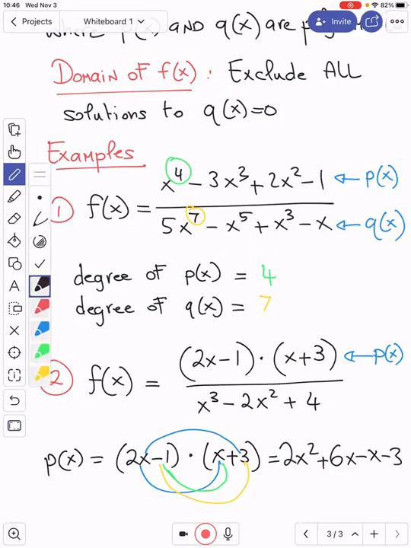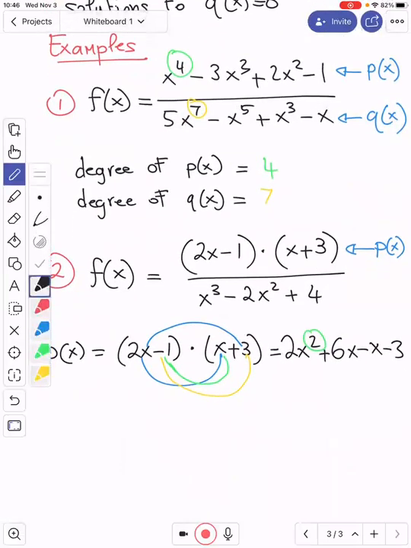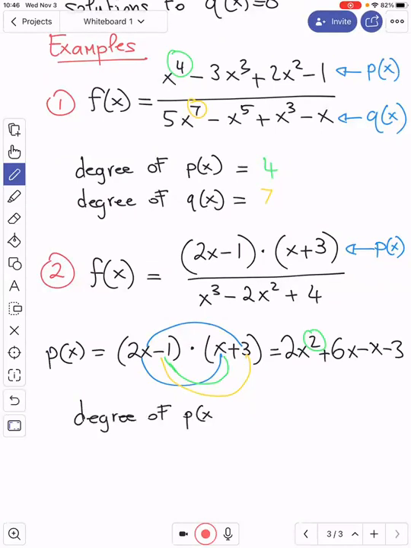Right. So as you can see, guys, it's like a trap here, but the degree of p, the highest power of x, it's 2, it's not 1, right? Because when you distribute, you can see that the highest power of x is actually 2. So yeah, the degree of p in this case is 2.